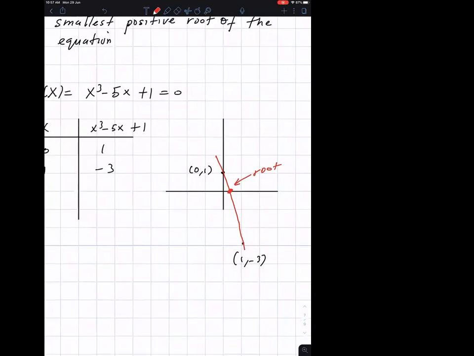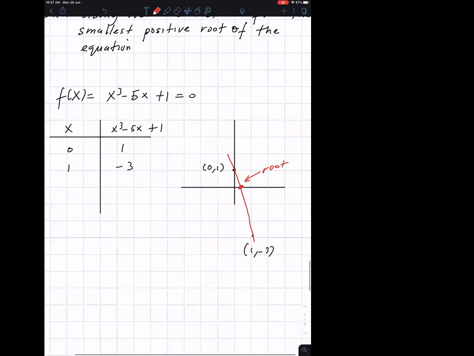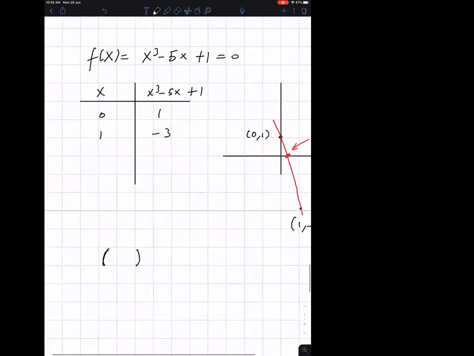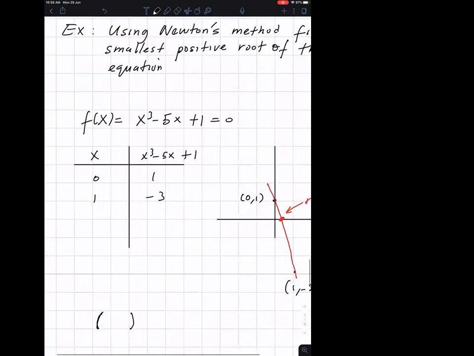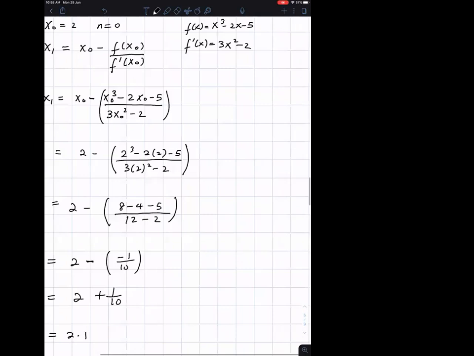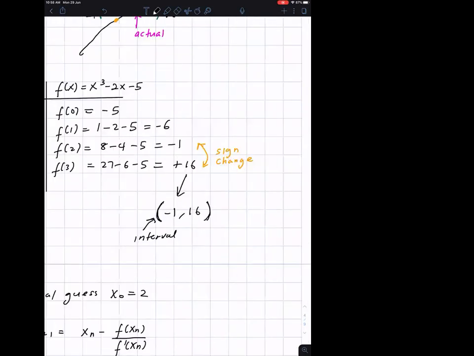So what is my interval? The interval is the x values, not the y values. Maybe I've written this wrong here.